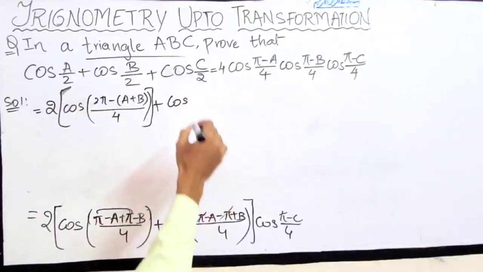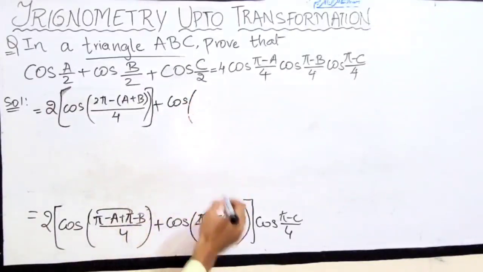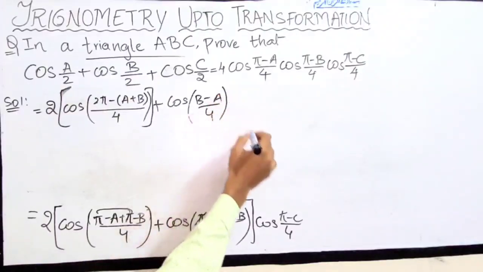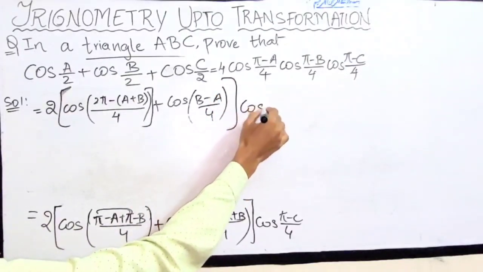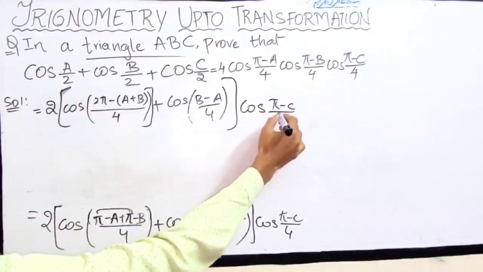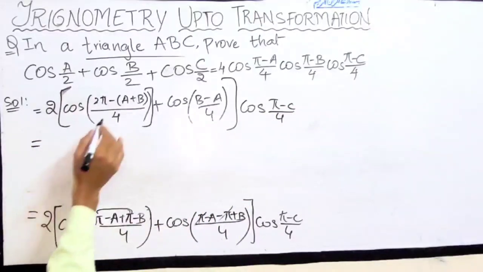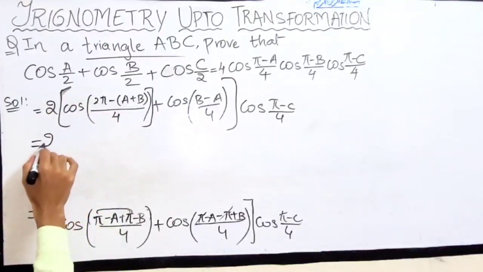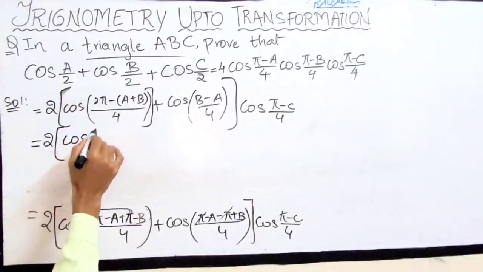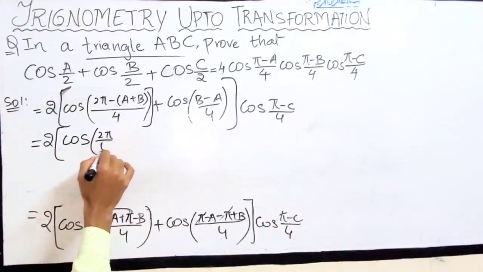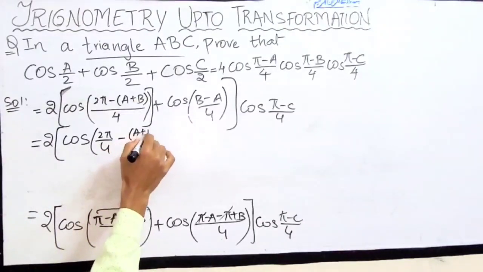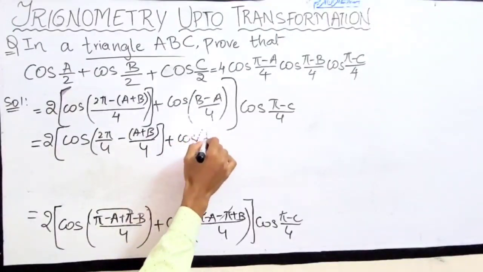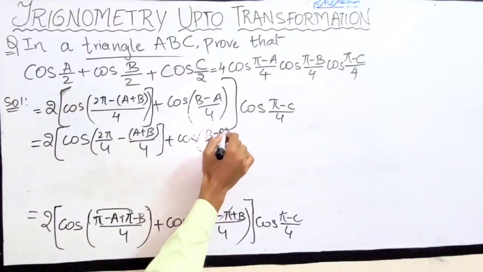Cos of, what is here? b minus a, you can take as (b minus a) by 4, into cos of (pi minus c) by 4. Now this 4 will be given to both the terms, so 2 into cos of 2 pi by 4 minus (a plus b) by 4, plus cos of (b minus a) by 4.